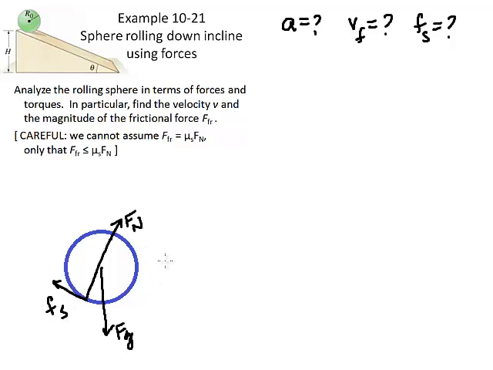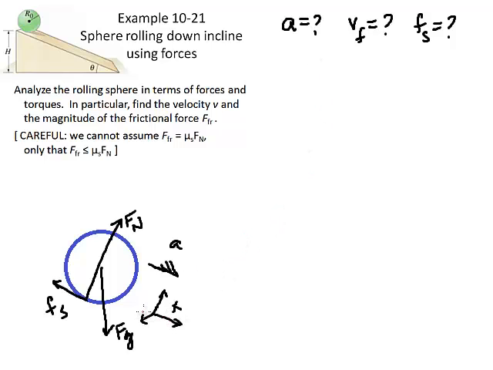Because this object is going to be accelerating down the ramp, we are going to pick a coordinate system that goes along with that. So down the ramp and up off the ramp is going to be positive. We're going to have another dimension for rotation, and we're going to pick the rotation the other way.